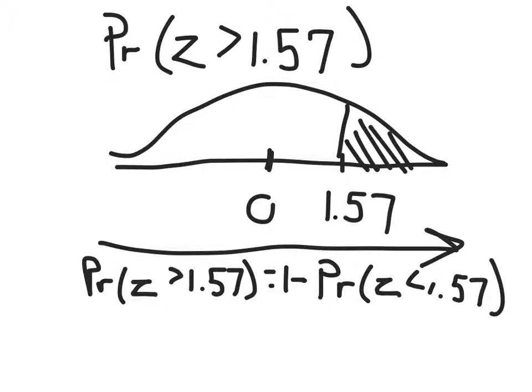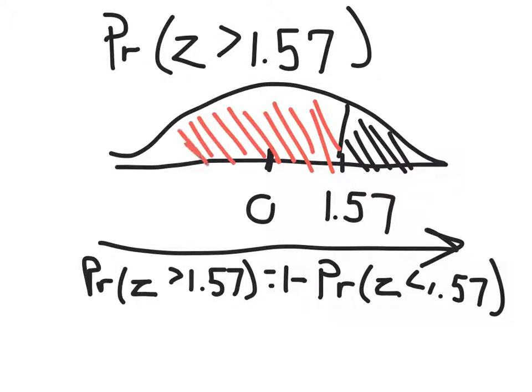What if I subtract this out? So if I take 1 minus the red shaded piece, what do I have left? That's right, the black shaded piece, which is what I want. So I get my second table, the one that's marked positive z-scores.